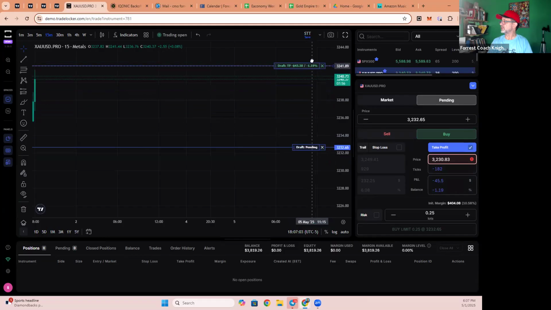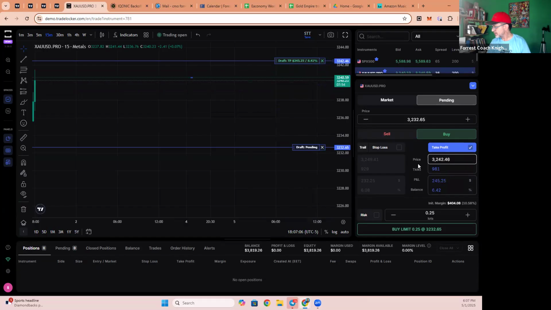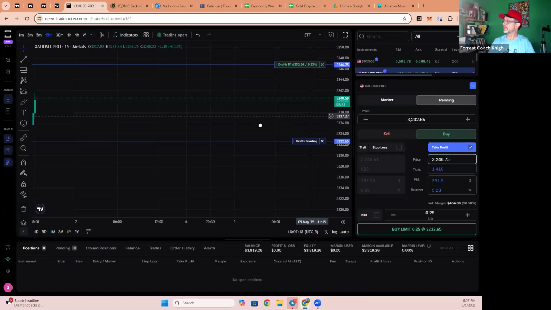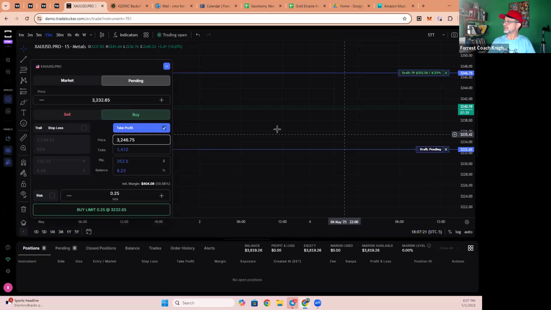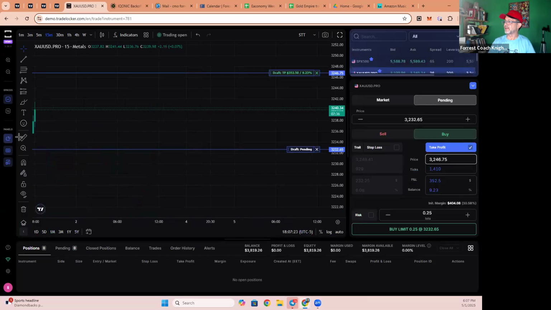So in this buy, if I entered this trade and it took off and goes in the direction I want at a 0.02, I'm going to make $28.